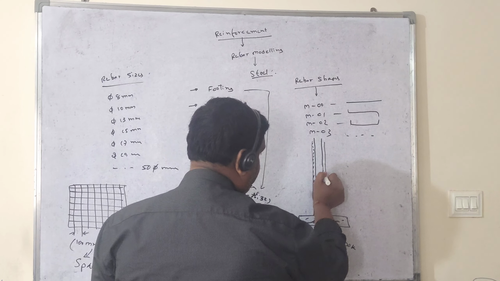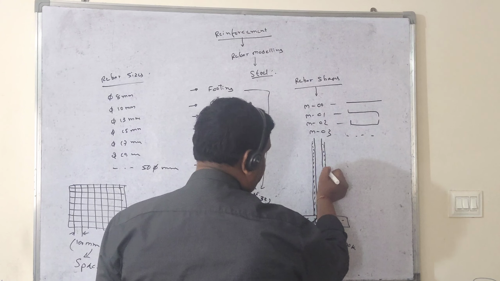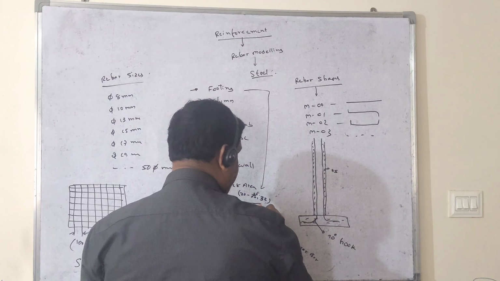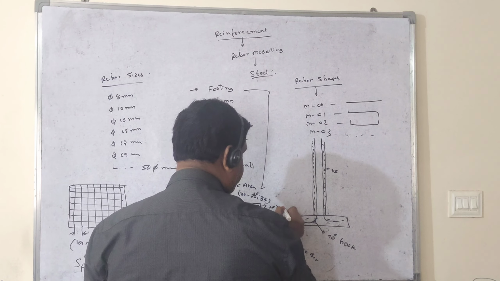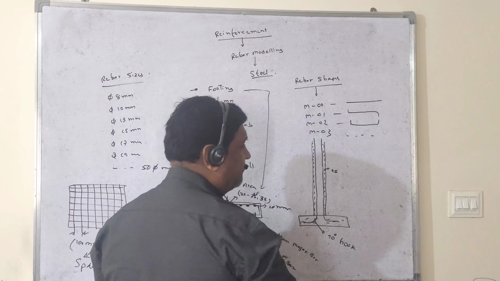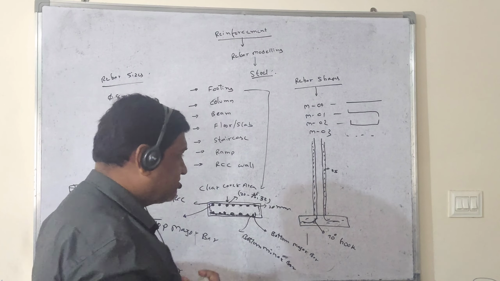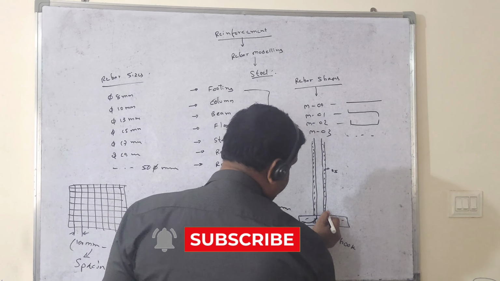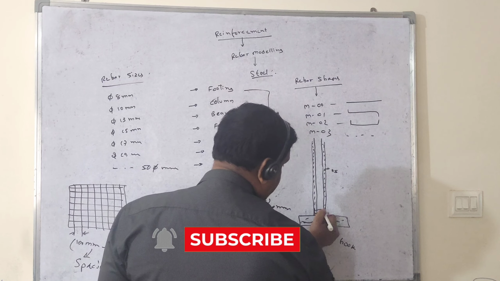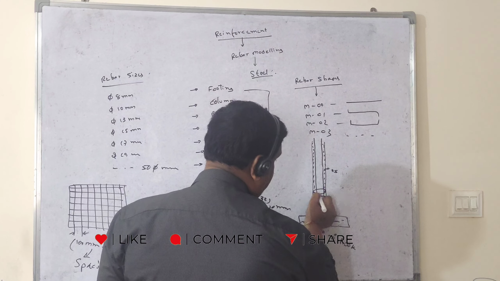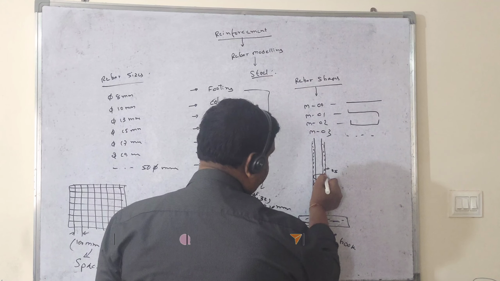So in the column the clear cover we put is 25 mm. For the footing we can put 20 mm clear cover, but for the column we have to put 25 mm clear cover space. And in columns the shape of the rebar will be like a ring, and this ring we call stirrups.